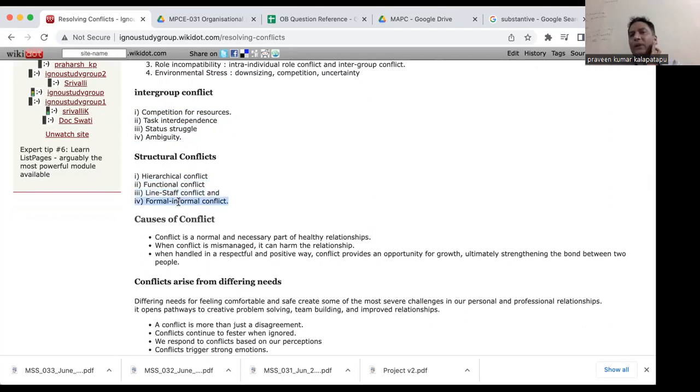Formal and informal conflict. What is formal? What is informal? What are the functional things that I need to do? What exactly is the hierarchy of it? Whom should I report to, or what should the structure be, right? So these are all various types of structural conflicts that could happen.